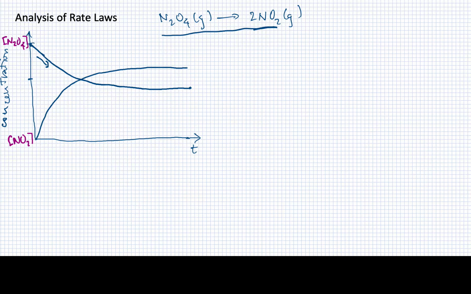And similarly, NO2 starts at 0. I'm assuming that we start only with N2O4, that it then breaks apart and forms two NO2 molecules and ends up over here.